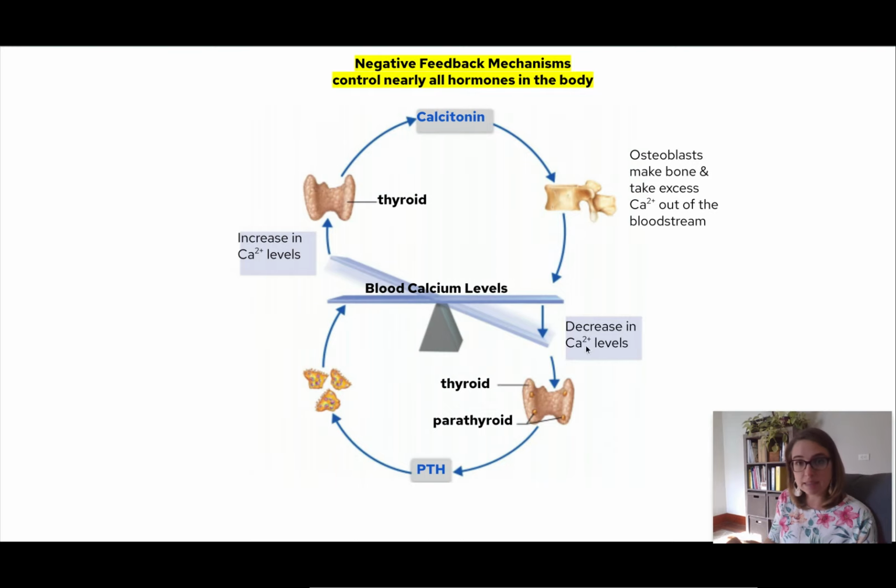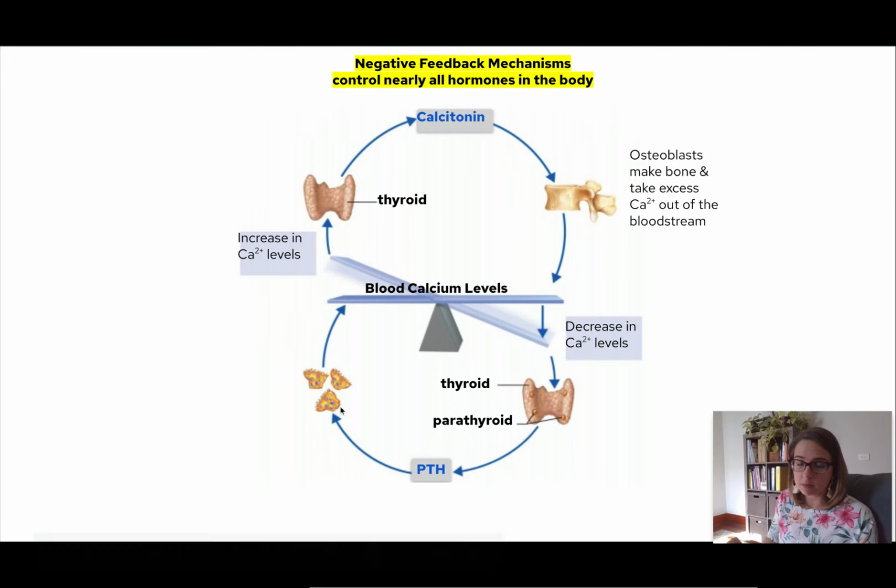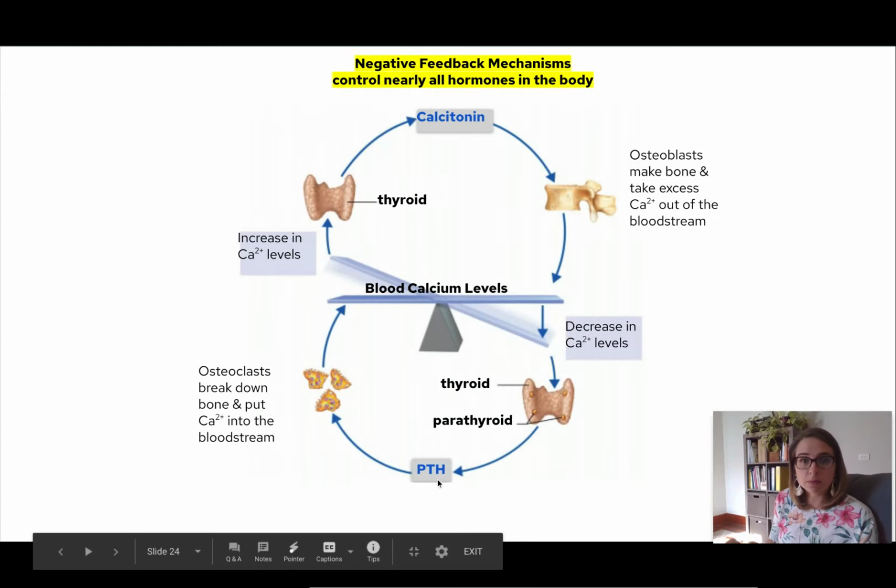So instead of removing calcium from the bloodstream, it works on these cells, the osteoclasts. And the osteoclasts are the ones that are going to actually break down the bone and put calcium back into the bloodstream.